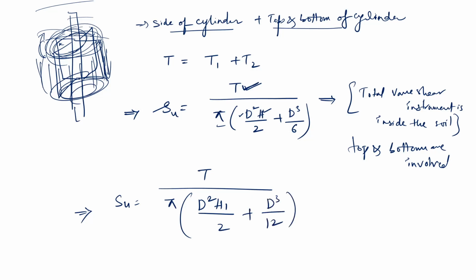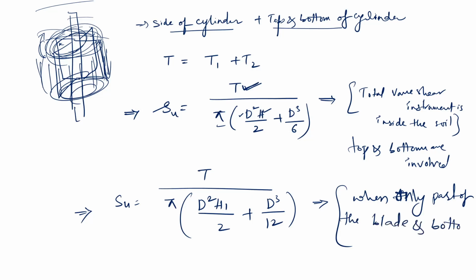This is the case when only part of the blade and the bottom are involved; no top portion is involved. Now, as the question is regarding the first formula, we can use that one. Write it again: Su equals T by pi into (d square h by 2 plus d cube by 6).